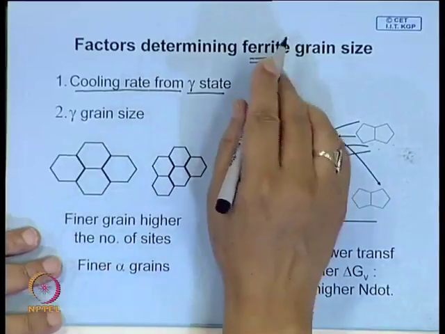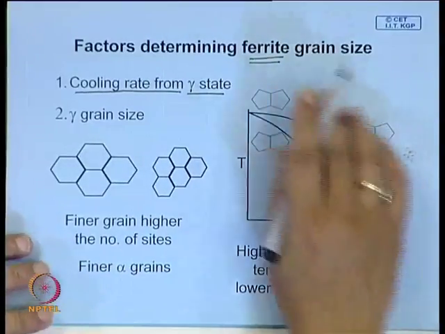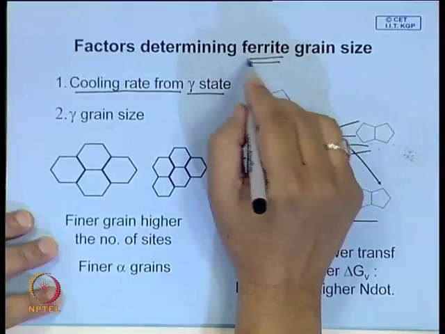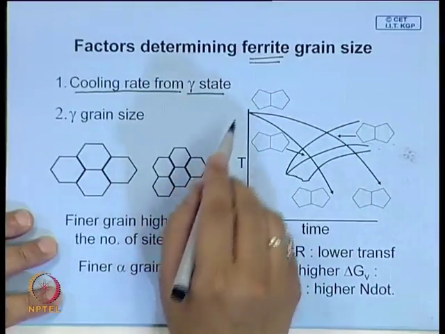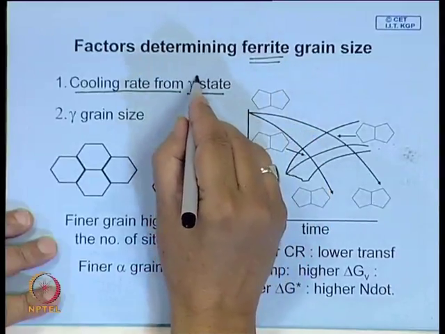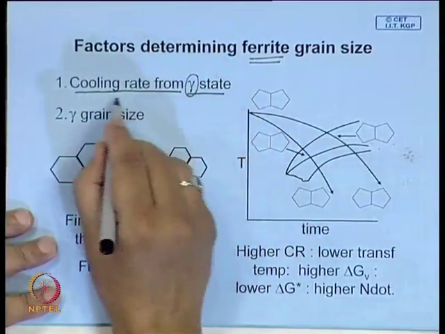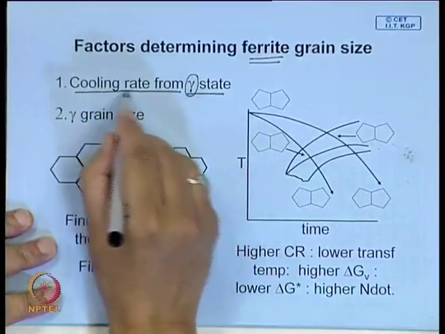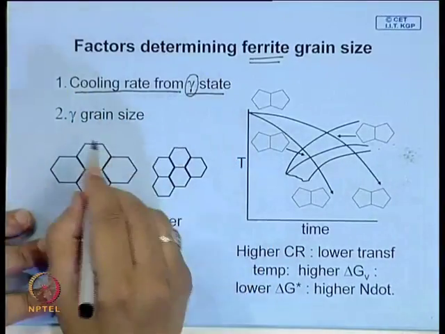It does not exist at high temperature, or this is not the crystalline structure which exists during hot working. It forms from high temperature phase austenite, and its grain size will depend on the cooling rate from austenitic state.